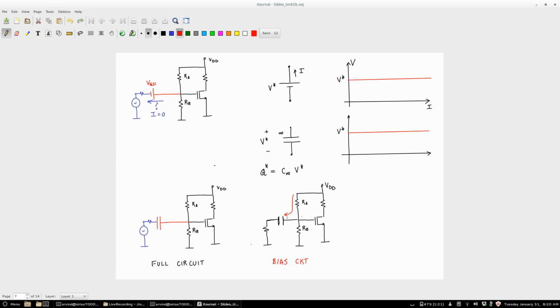Initially the current will flow through that capacitor, but it's going to get charged, and it will get charged to this value VGS1, correct? Once it gets charged to VGS1, no more current will flow, right? So two ways of looking at the same thing. All right. And how will the small signal circuit look?